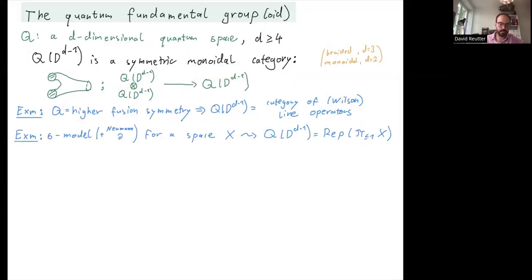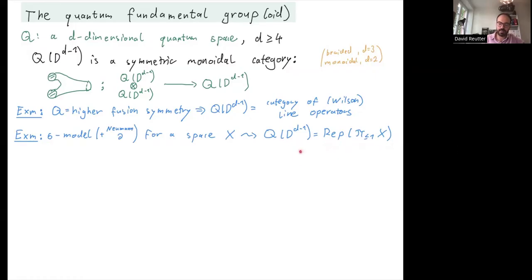And for a sigma model plus its Neumann boundary theory for a space X, if you work out what this is as a vector space, or as a category, it's just a linearization of the category of functors from maps.